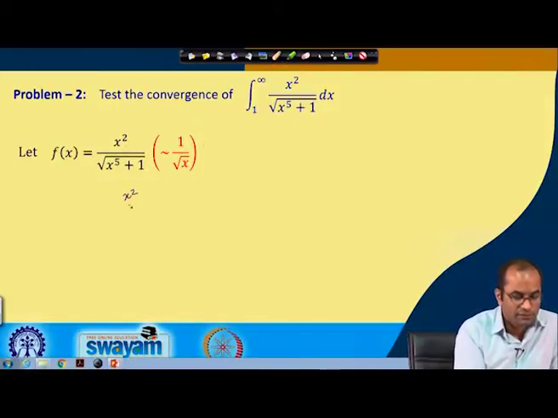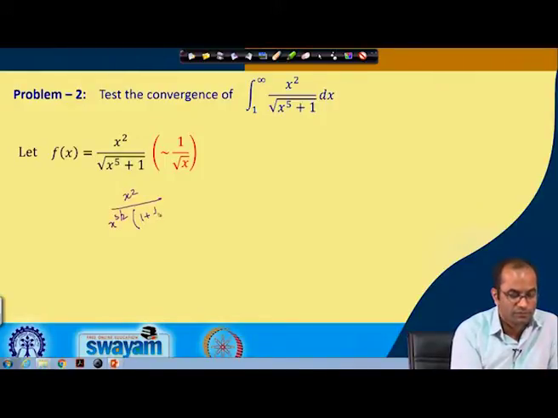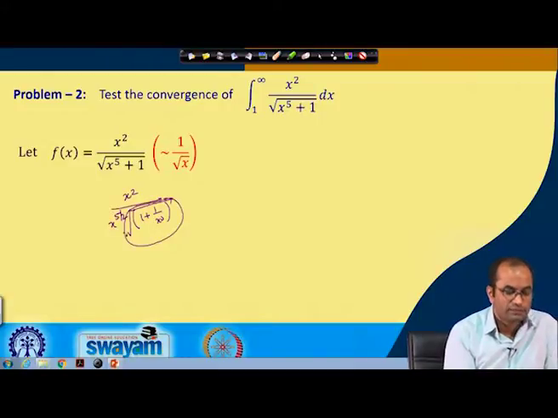So, we have x square in the numerator, and in the denominator if we take x power 5 by 2 common, we get 1 plus 1 over x power 5 under a square root. This term will not create any problem as x approaches infinity, because this will be just 1. So, the behavior will be influenced by the other two terms.